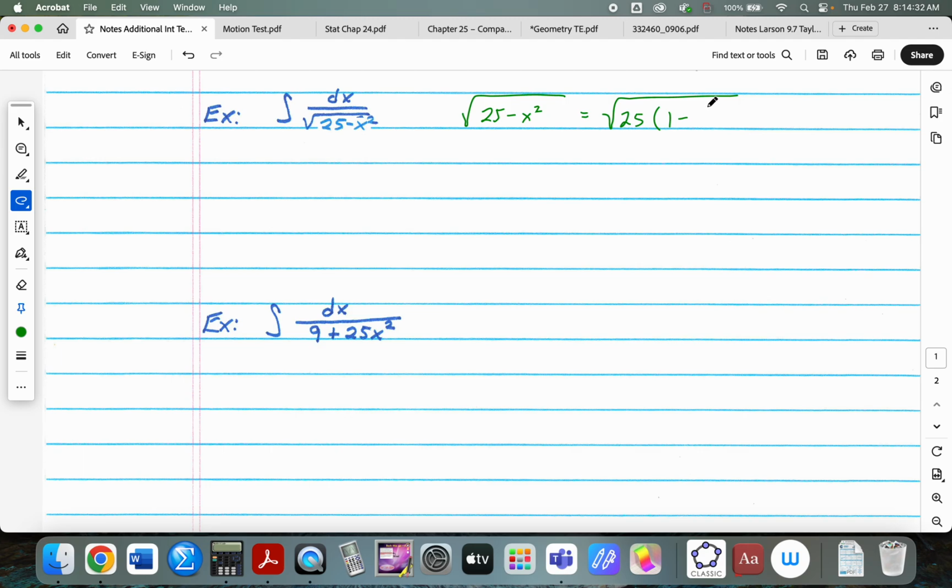That's exactly right. Yeah, it's got to be x squared over 25. And then what I would additionally do is go ahead and take the square root of 25 and put it out in front. So this would be 5 times the square root of 1 minus, and I'm going to rewrite the x squared over 25 as x over 5 squared.